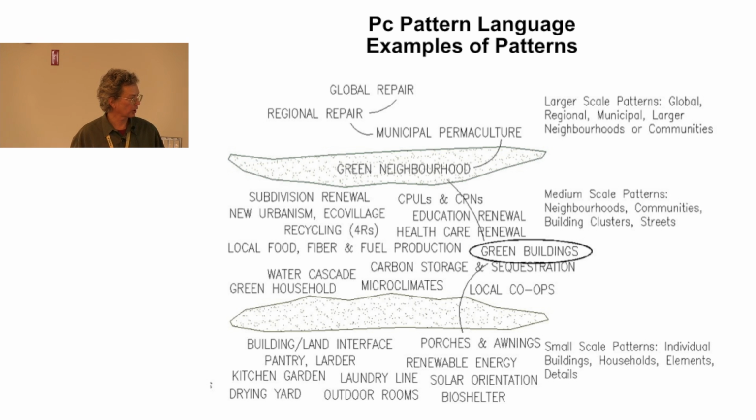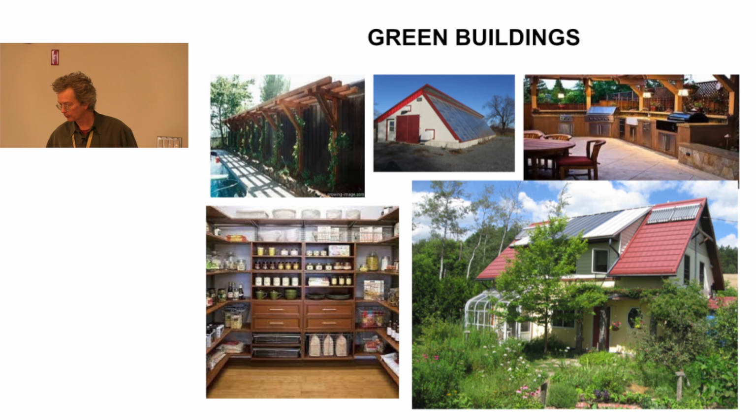We can look at kitchen gardens, laundry lines. We definitely have to look at solar orientation. So this is just some of the patterns that emerge from looking at green buildings. And what does that look like? So there's definitely a larder. Does anyone recognize this landscape? Home Alive at Everdale. That's right.